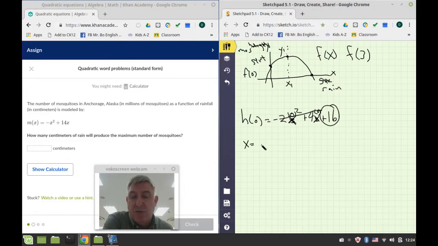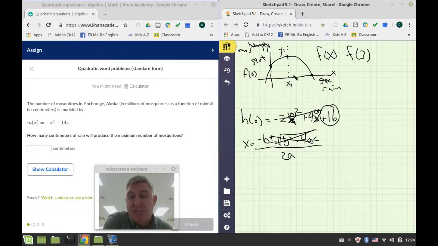If we use our quadratic formula, x is equal to negative b plus or minus square root of b squared minus 4ac all over 2a. And if we get rid of this plus or minus part, we end up with the axis of symmetry, because then there's the plus and then there's the minus.